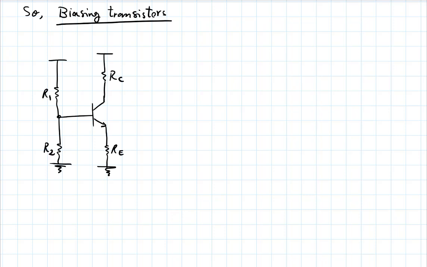And we talked about an example like this. This would bias it around a certain point.